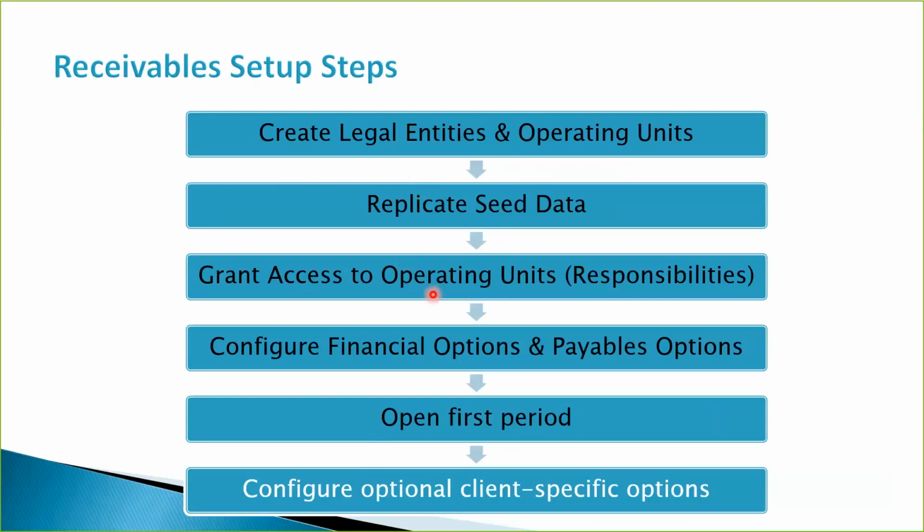This time, these are going to be receivables responsibilities. We know how to create a responsibility, and all you need to do is specify the correct data group, menu group and reports group for the receivables responsibility.